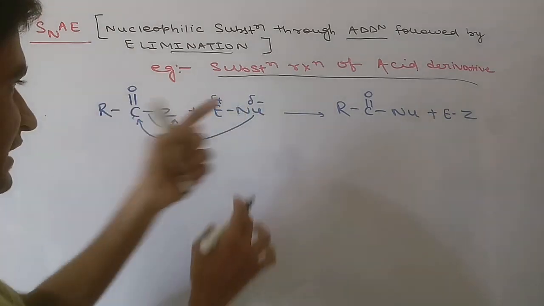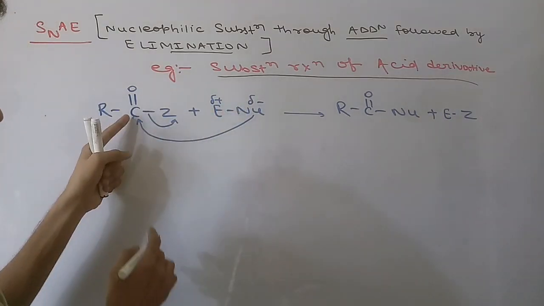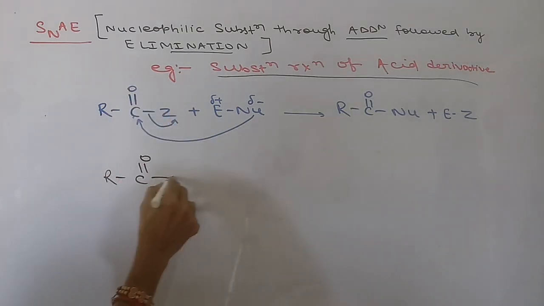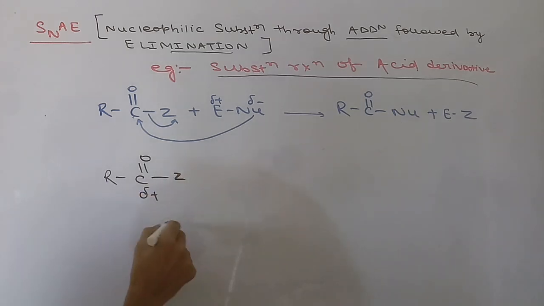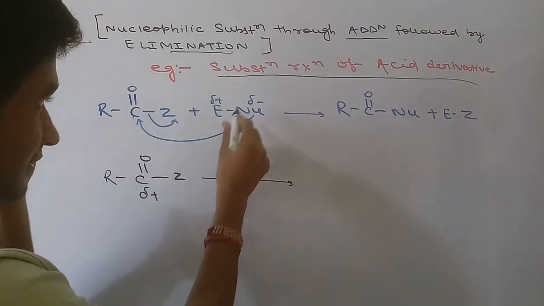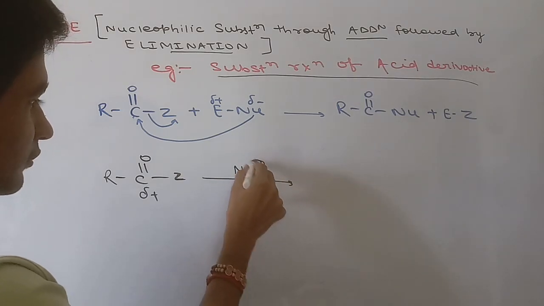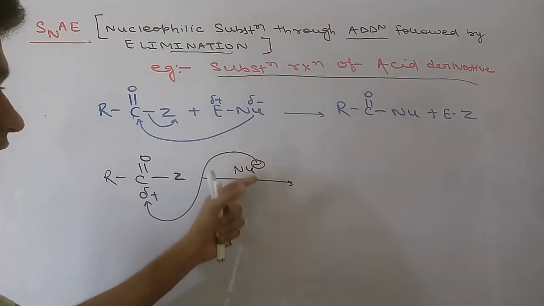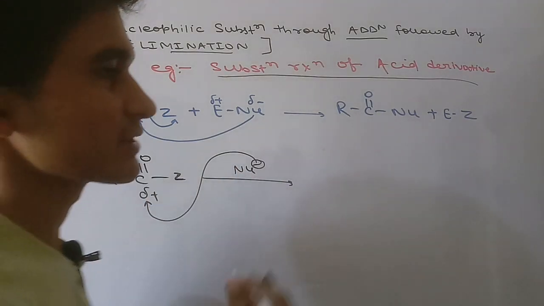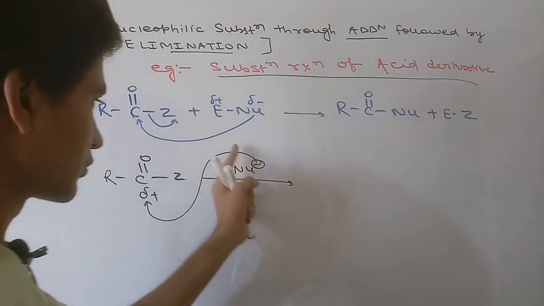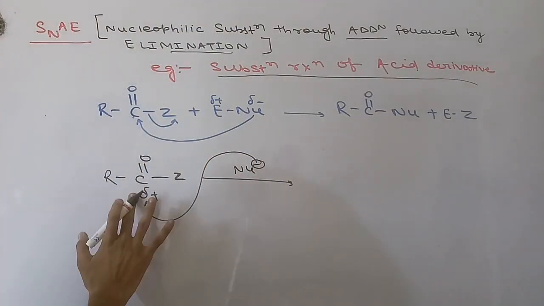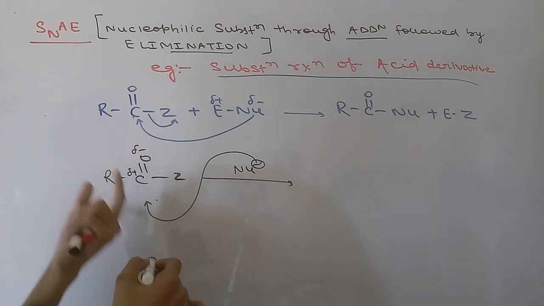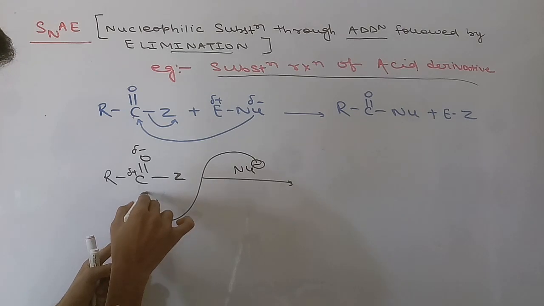Nucleophile has a negative charge, electrophile will have a positive charge, and this bond RC double bond O Z. See here, a delta positive charge is developed on this carbon. The nucleophile will attack on the positive charge, as you all know that nucleophile loves nucleus, meaning it loves positive charge. So this nucleophile will attack this carbon because this carbon has delta positive, and this oxygen has delta negative because the electronegativity of oxygen is more than carbon.